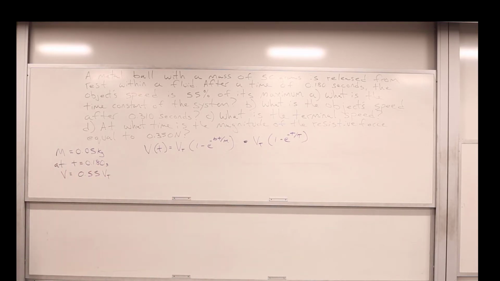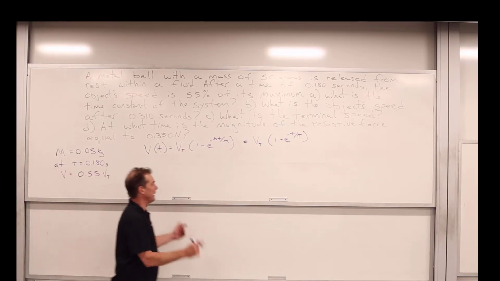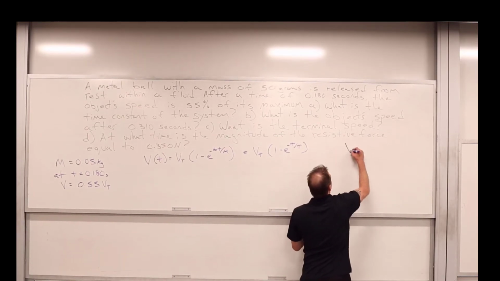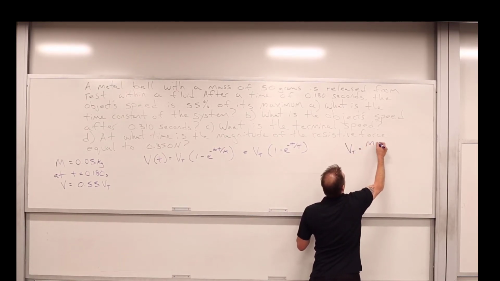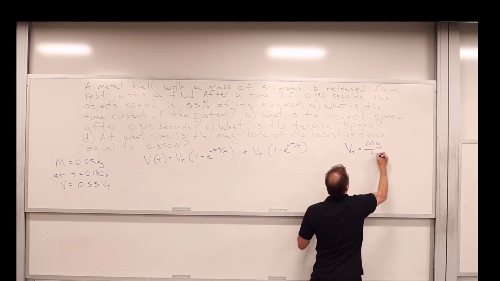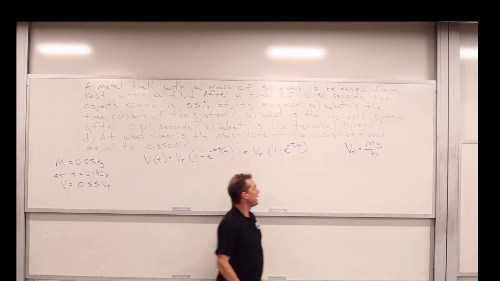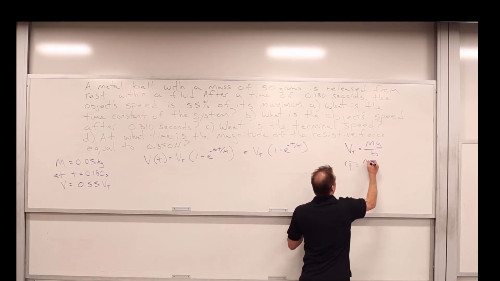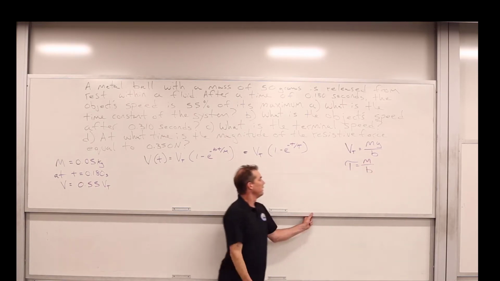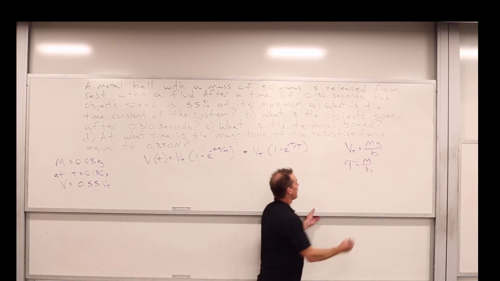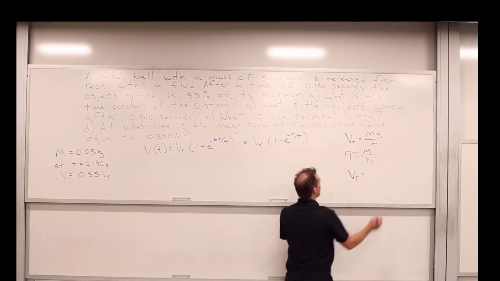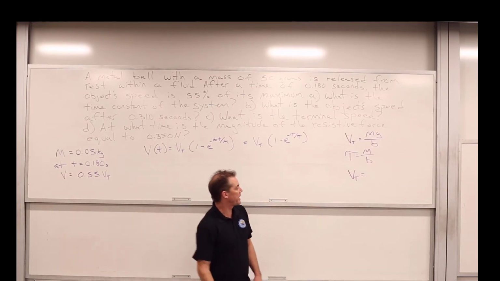We should note that v sub t itself was mg over b, and m over b is what tau is equal to. So we can rewrite v sub t as g times tau.